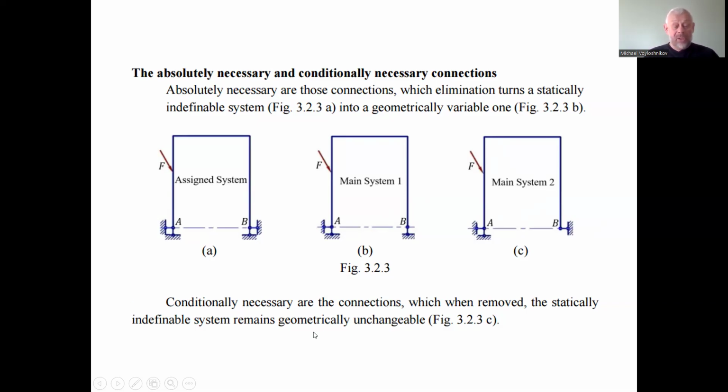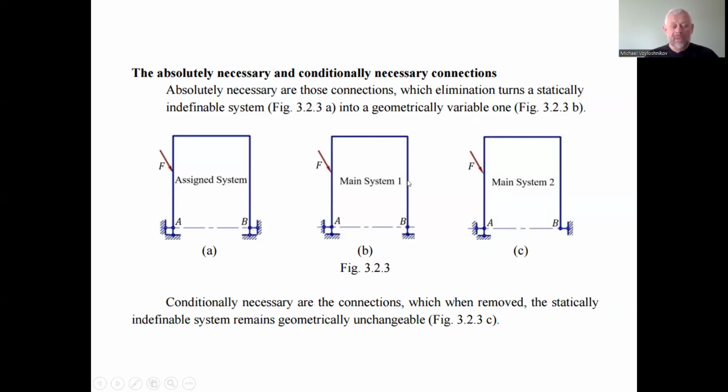So, a conditionally necessary connection, when removed, leaves the statically definable system geometrically changeable. These are the horizontal connections, each one of 2 in the point B or in the point A. These are the conditionally necessary connections. And the vertical links in the supports A or B are absolutely necessary connections, whose elimination turns a statically indefinable mechanical system into a geometrically variable one.